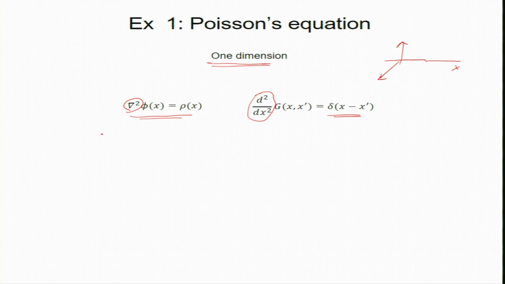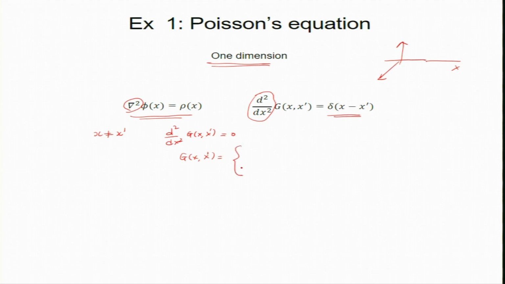So, for x not equal to x prime, the right hand side is 0. So, I get d squared by dx squared of g(x, x prime) equal to 0. Its solution is immediate.